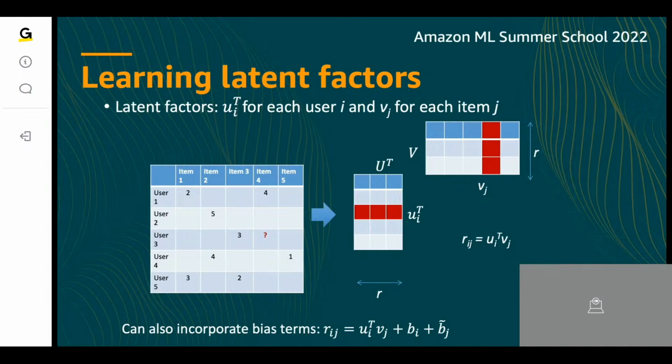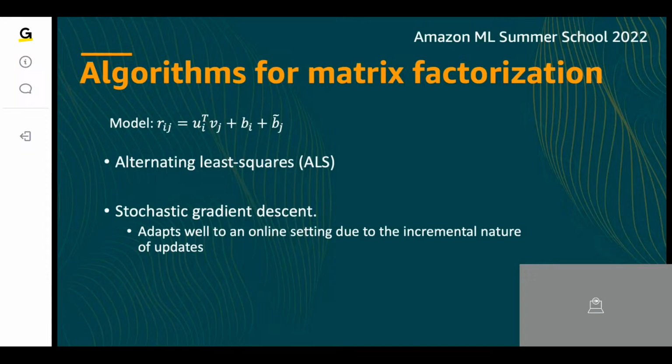Now the question is, how do you learn these particular parameters for these equations? Let's say you have been given this particular model. For now, we assume that the model we are trying to learn is simple: an interaction term, and then bias terms for the user and the item.